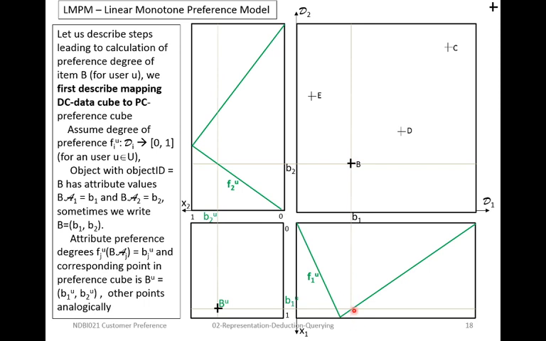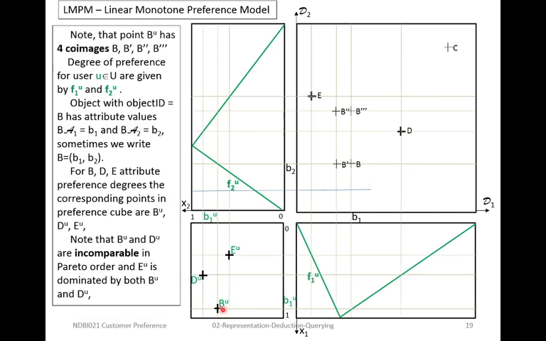We have made this repetition also in lecture 8, in this repetition lecture, so I go faster through this. We can just find these attribute preferences, and then the point here with these coordinates, which are preferences according to the first and according to the second. So here is the image of the point B in the preference cube.